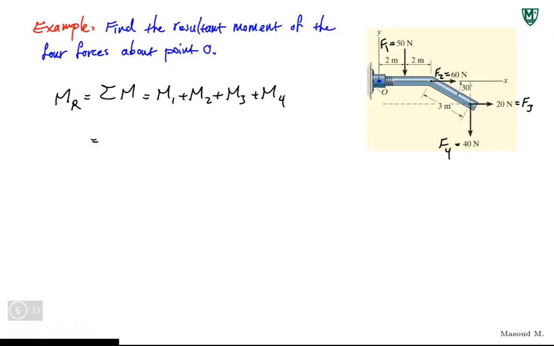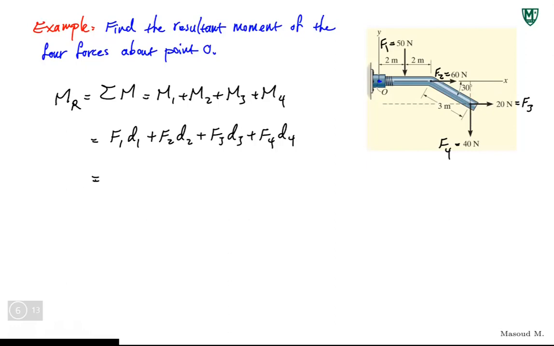Next step would be F1 D1 plus F2 D2. I just write everything with plus, then we'll figure out the direction and positive and negative values. So let's start with the first one, F1 D1. What is the value? What is the sign?